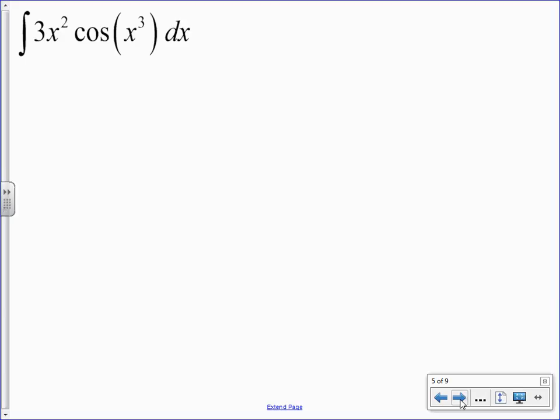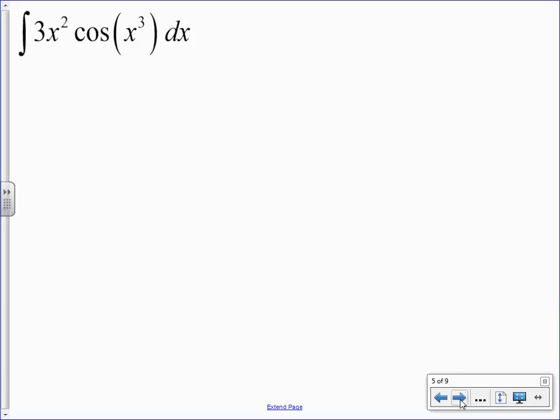Okay, let's do another one. Yes, Nathan can see, oh, 3x squared is the derivative of x cubed. That's very convenient.